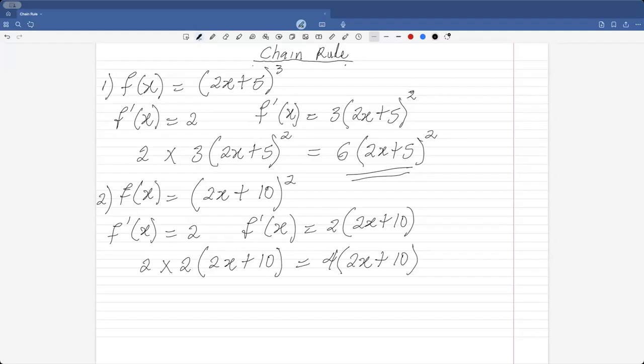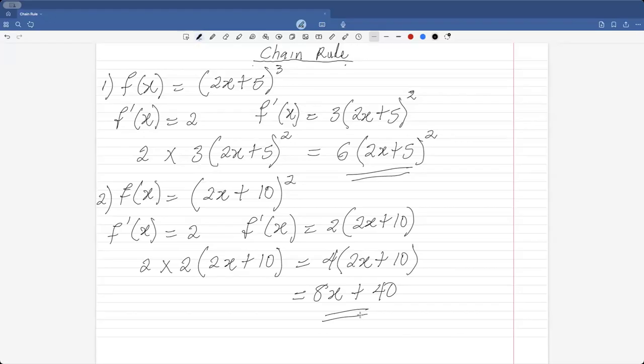So we can simplify further by saying the answer is 8x + 40. And that's the answer for this problem.